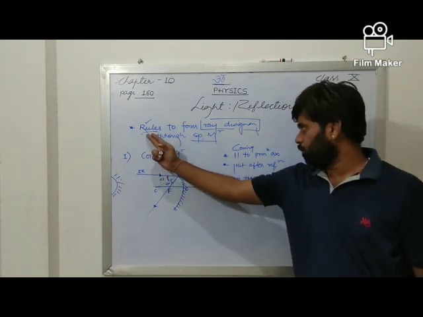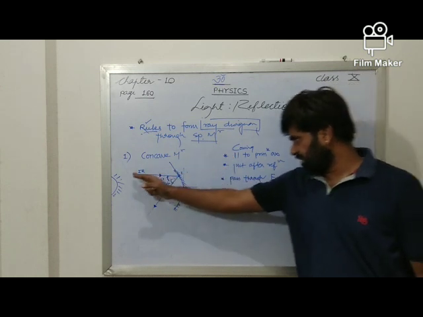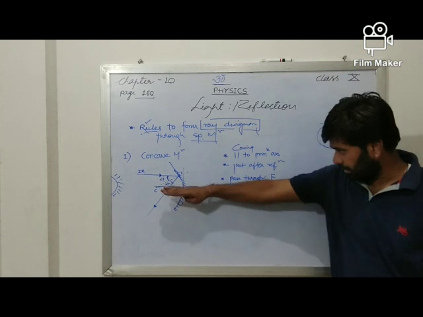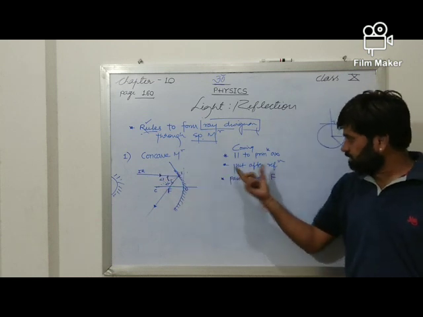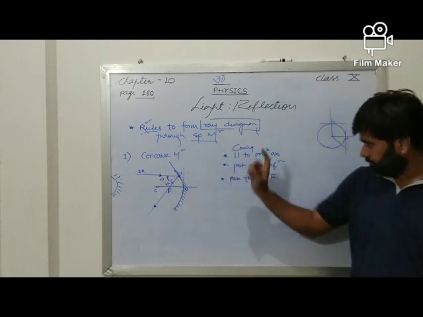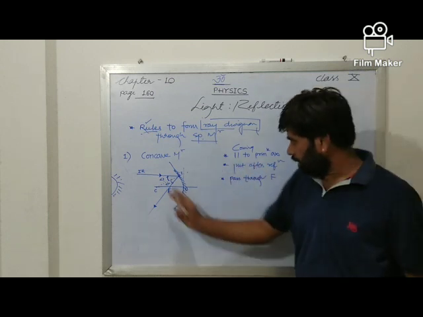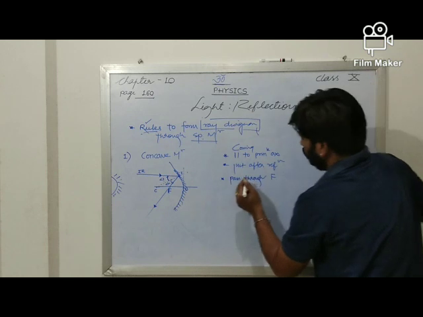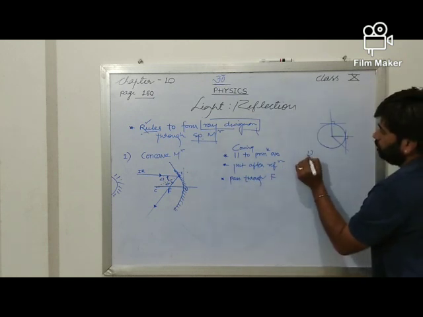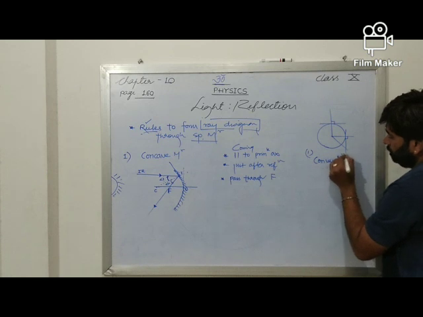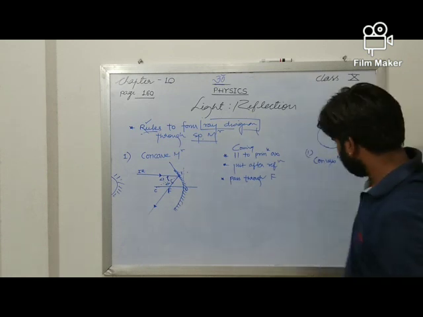Concave mirror, rule number 1: when an incident ray comes parallel to the principal axis, just after reflection, it will pass through the focus. Now we should not change the rule. Now the first rule for the convex mirror. Let us see it.